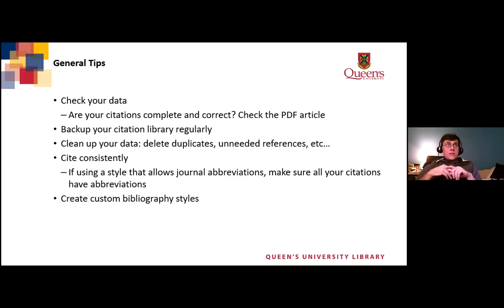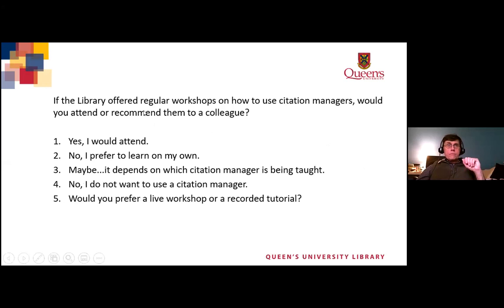So if you wanted to generate a list of references with abstracts or with annotations, you can do that. You can take a style and then add in whatever field that you want in that bibliography, whether it's the abstract or maybe your research notes. Okay, so our last poll.